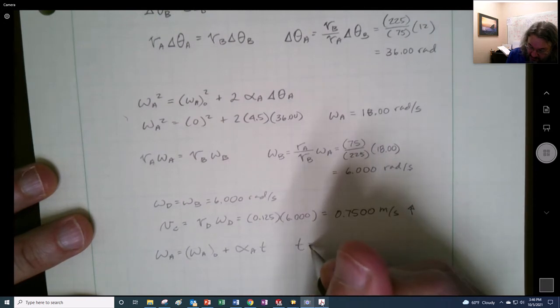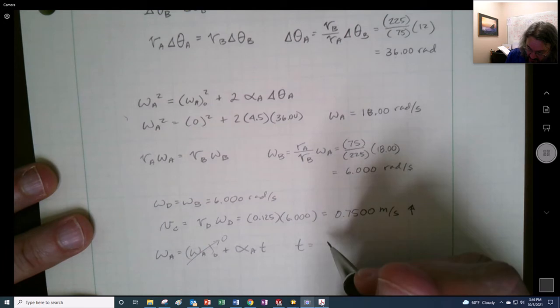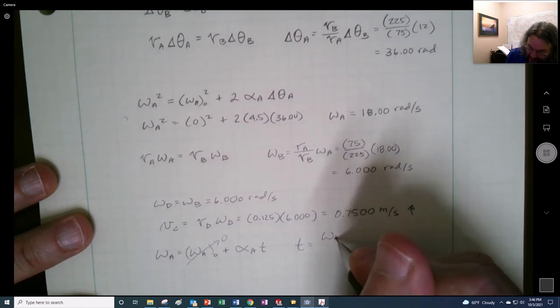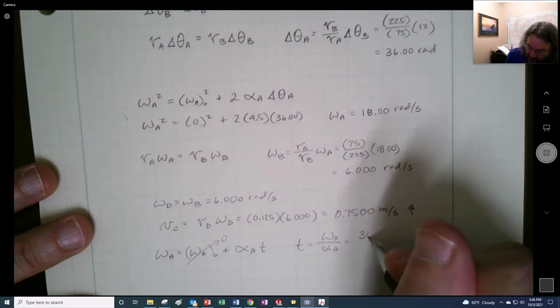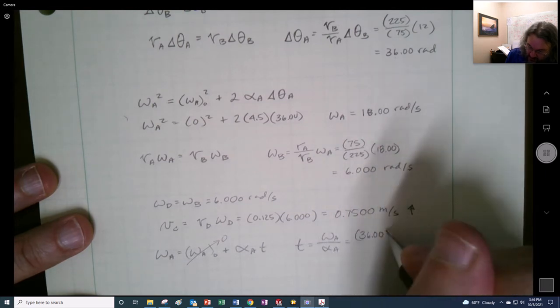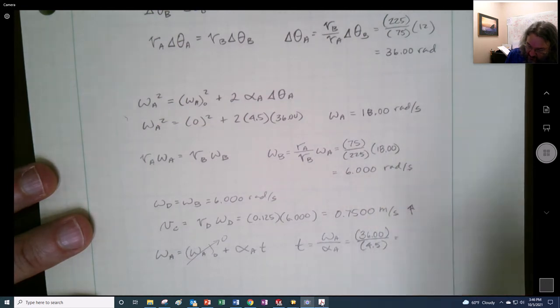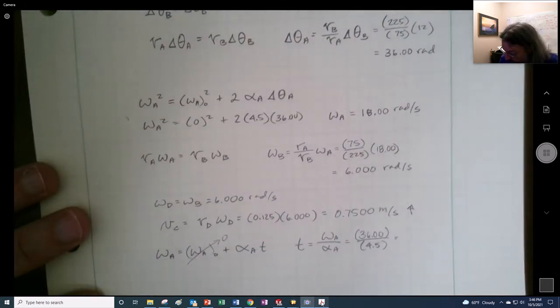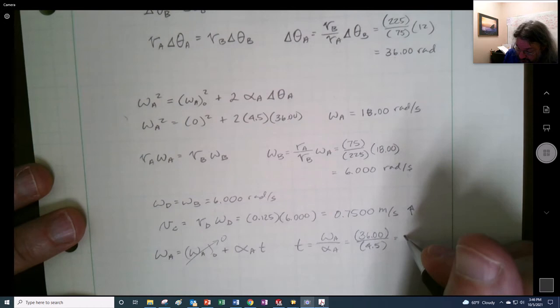I'm going to assume the initial omega is 0, so t is just going to be omega A divided by alpha A. So we have 36 radians per second divided by 4.5, and we get 8 seconds.